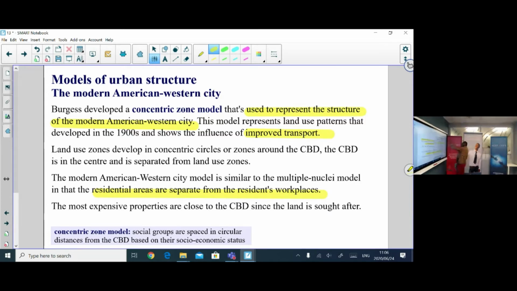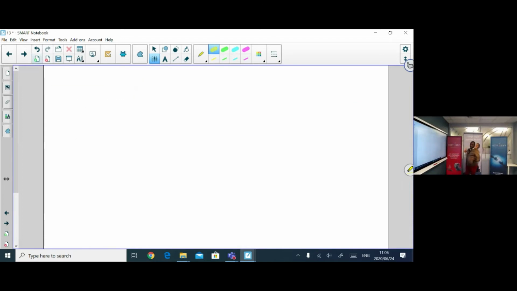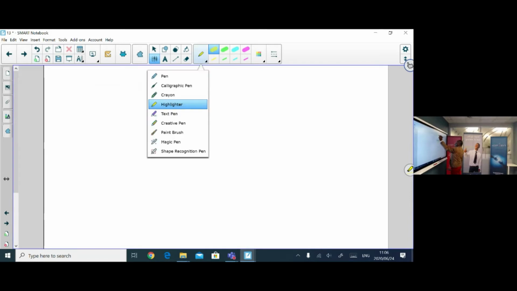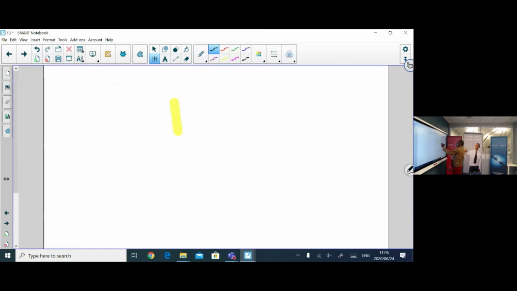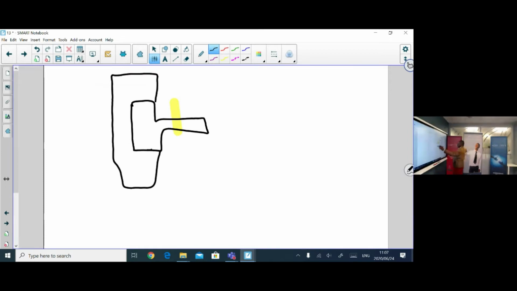Whereas when you look at the model that we were looking at, you will be having a CBD somewhere here, and then you have other areas of habitation, and other outlying areas that have developed as OBDs, and you have the CBD here.